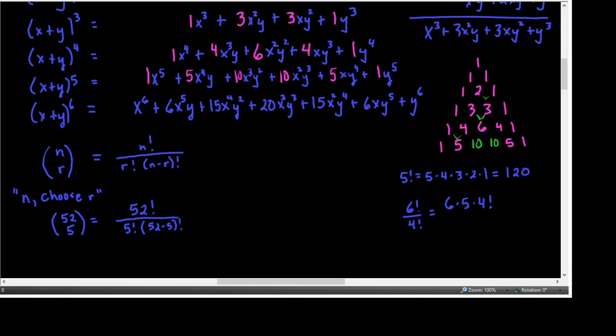And I stop there because that's the number that matches the factorial in the denominator. So what you'll do is you'll take the larger of the two numbers in a fraction like this and start expanding it until you get down to the value of the smaller one. Stop, put factorial on it. Then those cancel. 4 factorial cancels, leaving 6 times 5, which is 30.